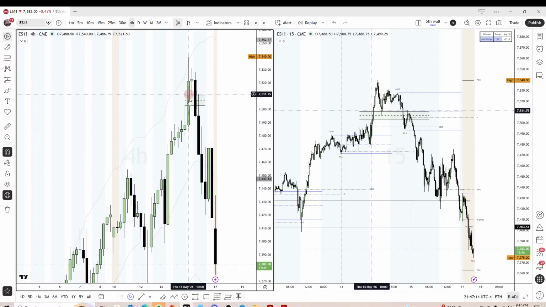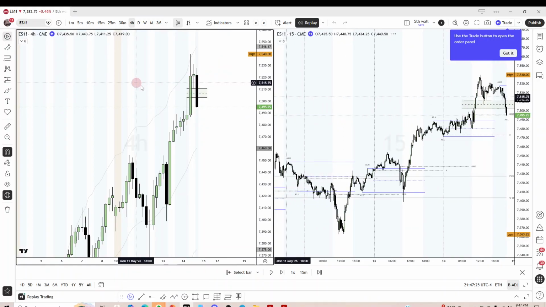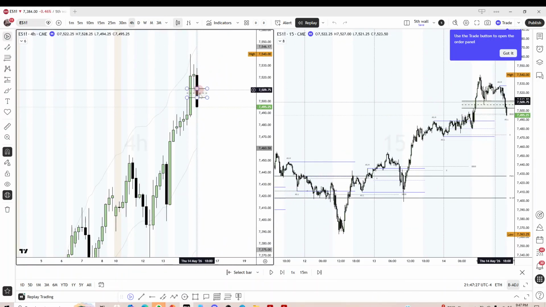So we have a bullish fair value gap overlapping with what would have been a bearish fair value gap. What I mean by that is, if that candle didn't run back up, this would have been open.